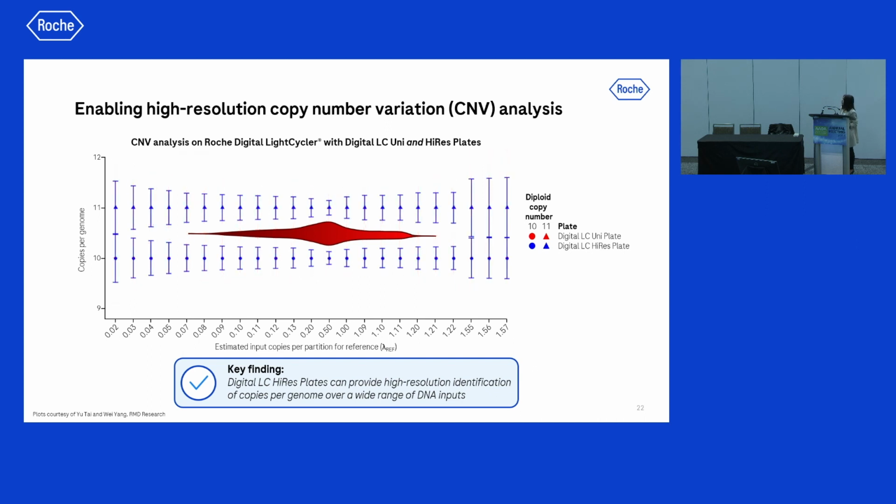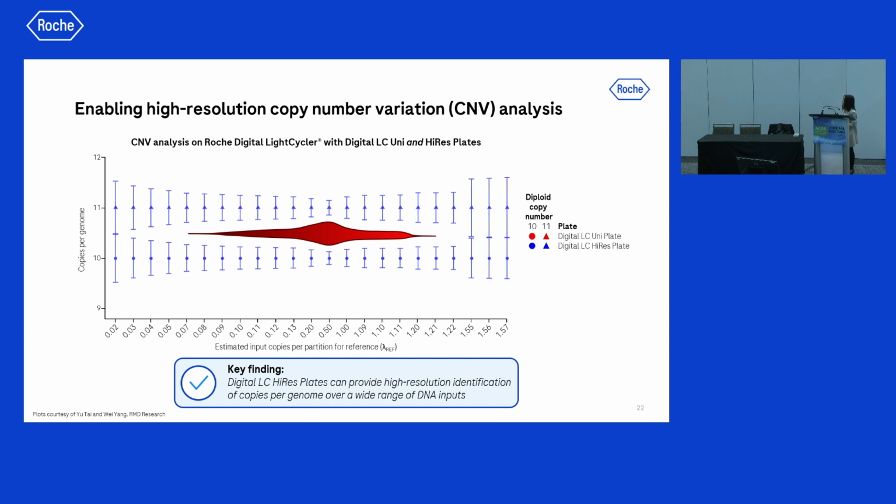Now, this is in contrast to when we look at the Digital LightCycler high resolution plate, which has, as I mentioned, 100,000 partitions. You can see that the area in which we have non-overlapping 95% confidence intervals between 10 copies versus 11 copies discrimination is over a larger range of inputs here.